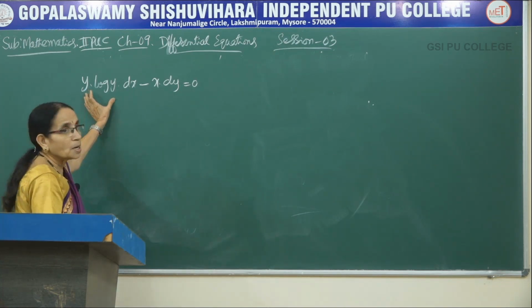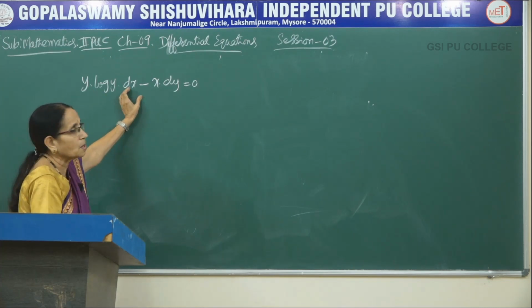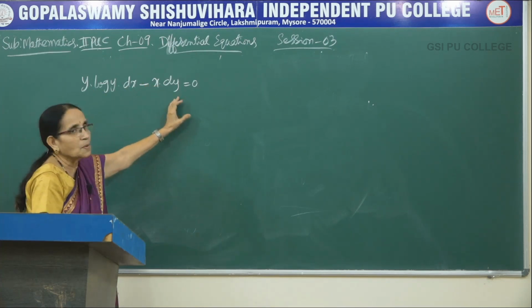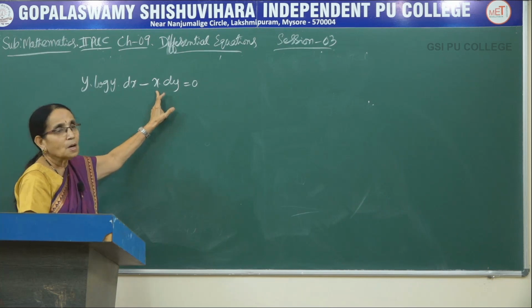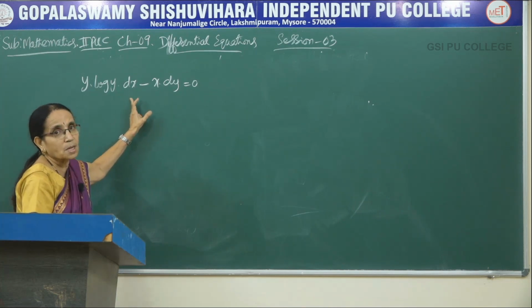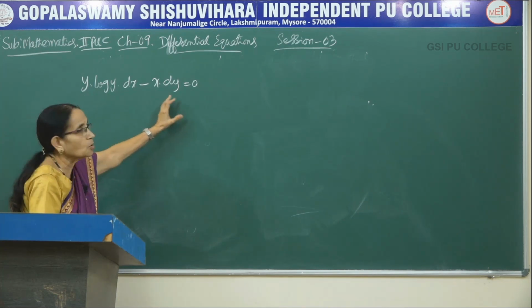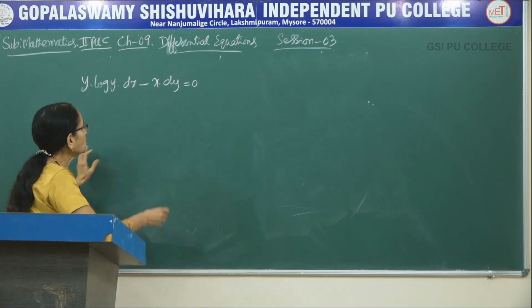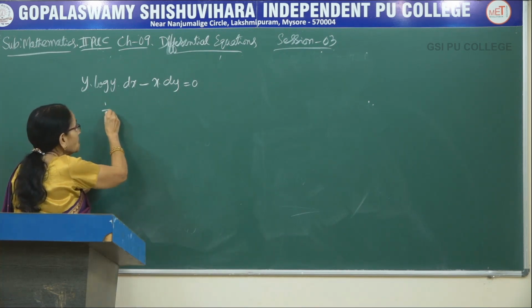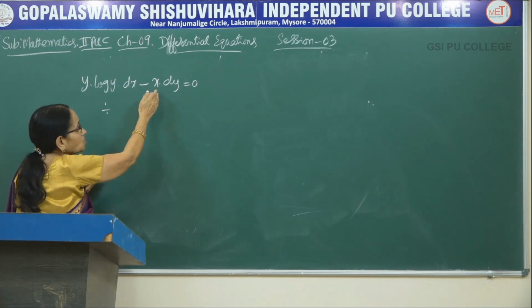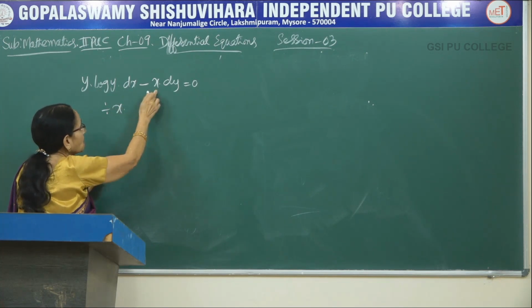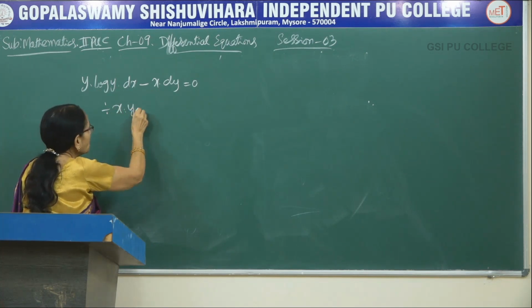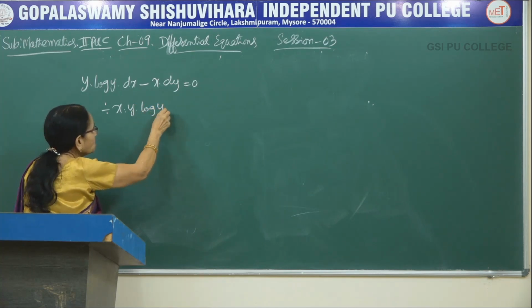This is purely a y function we are having with dx, x and dy. So here x should go with dx and y and log y should go with dy. How is it possible? You can do the division here. Divide by whichever term is not wanted here. X is not wanted, y is not wanted, and this is log y.